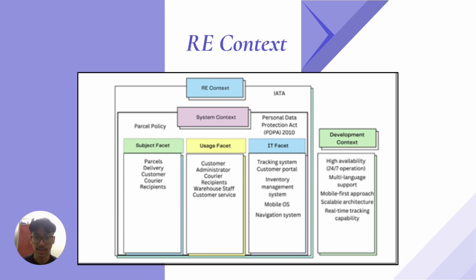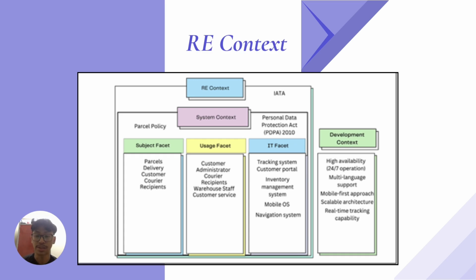So the subject facet focuses on the key entities involved, including parcels, delivery personnel, customers, couriers, and also recipients. These entities altogether form the primary components of our service, ensuring the system delivers value to all stakeholders.